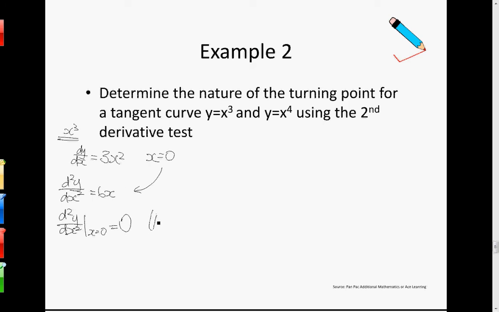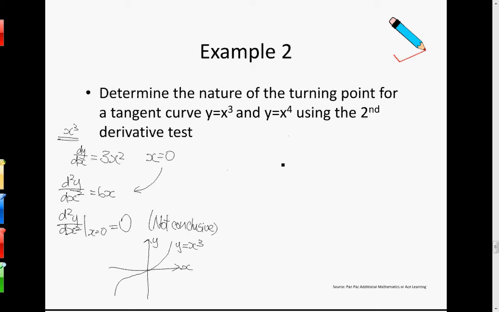This is not conclusive, so I will have to use the first derivative test. After using it, you will find that this is a point of inflection. This is how the graph of y equals x cubed looks.